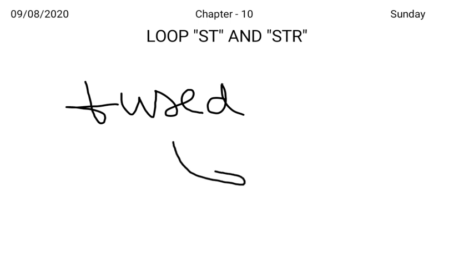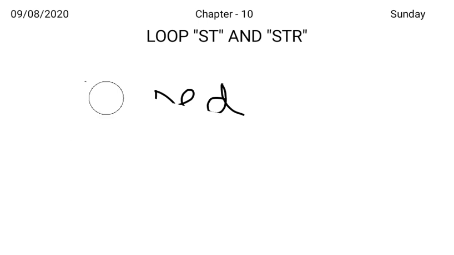Fused. F, ST loop, U diphthong, it is written through the line. Here it represents ZD sound. Disposed.